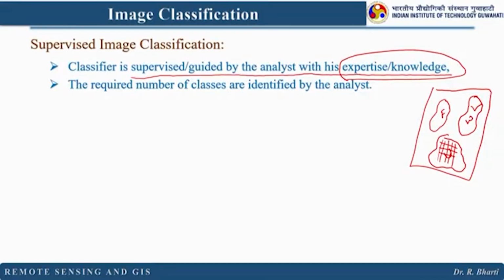In that case, the pixels belonging to these classes will be classified, and pixels belonging to maybe some other class like some rock type, for which I have not given any input, will be left out from this classification. So in the output, these pixels will not be classified, only these 3 classes will be available, right?